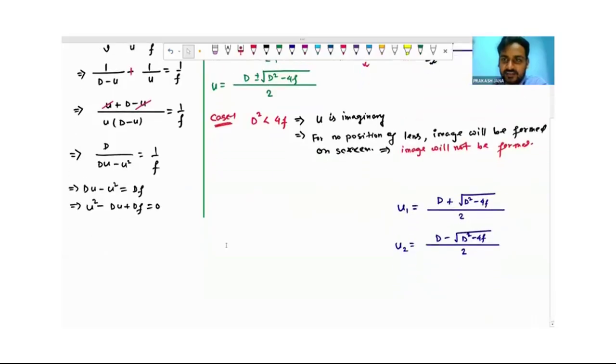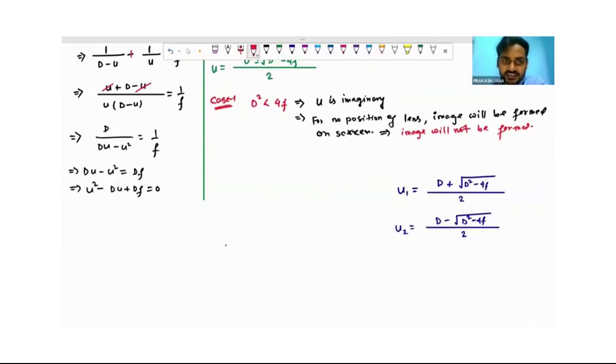Okay, now we will consider case 2, where we assume d square is equal to 4f. Maybe the square of the distance between the object and the screen is equal to 4 times the focal length of the lens. Then what will happen?